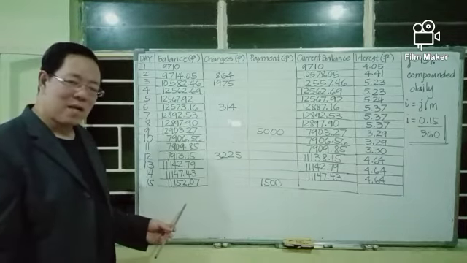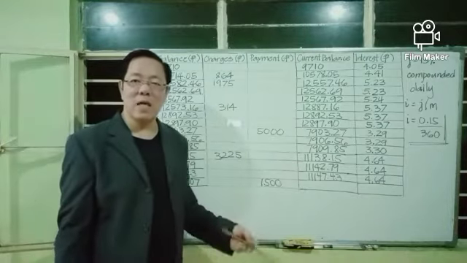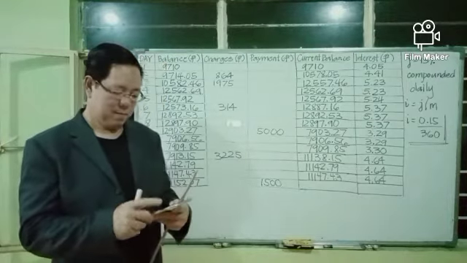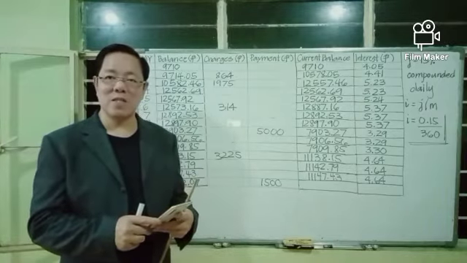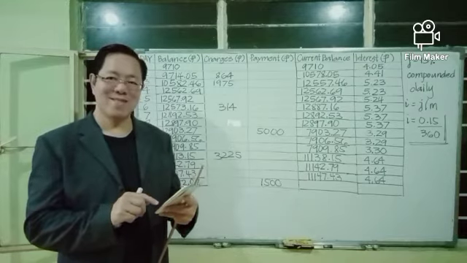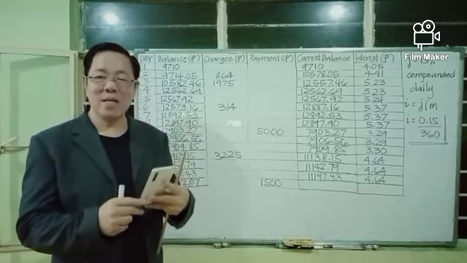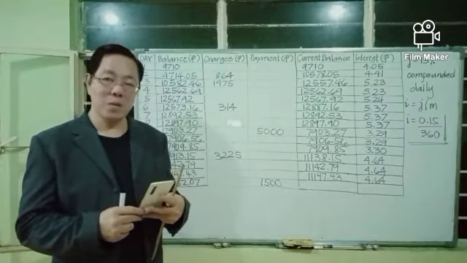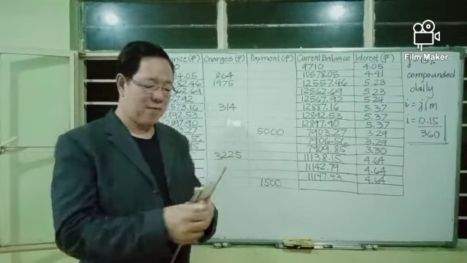So we get the difference of 11,152.07 minus the payment of 1,500 pesos. The current balance now at the end of the billing period is 9,652.07.